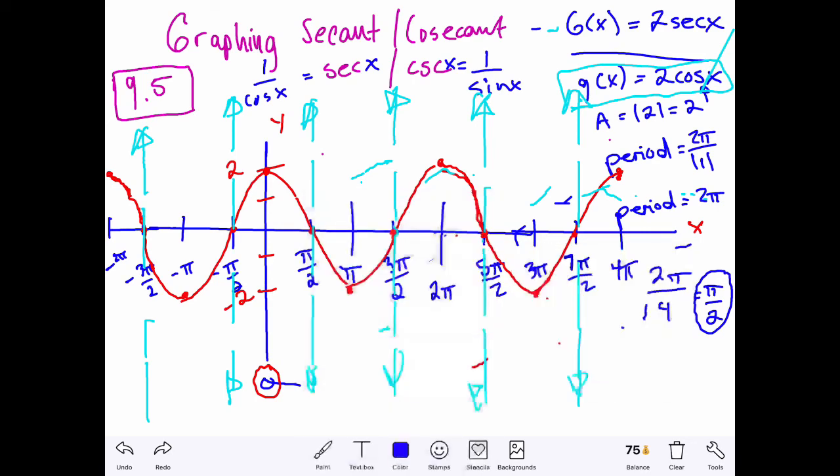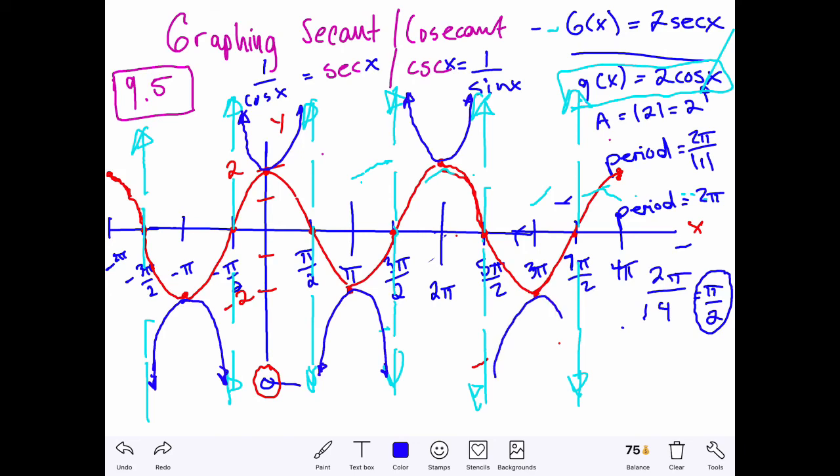Now, secant is essentially going to take a parabolic form, and it's going to touch at our minimum or maximum. So let me draw one in. Let's draw another one. It touches, and then goes up. It touches, goes down in both directions. It touches, increases in both directions, and so on and so forth.